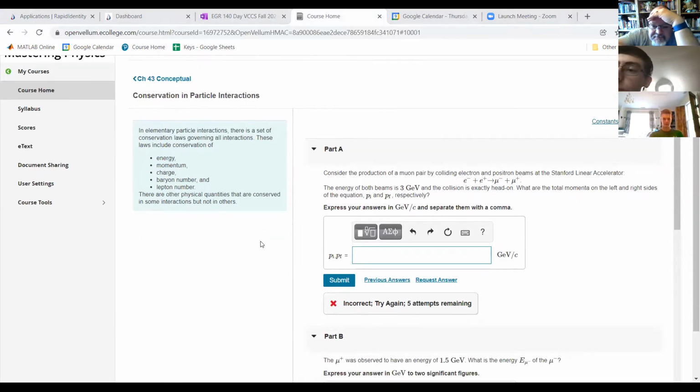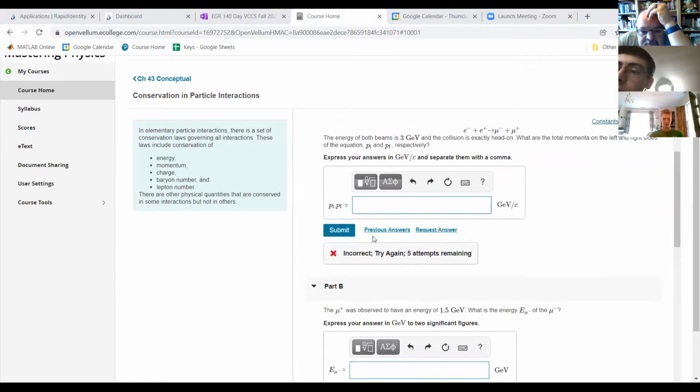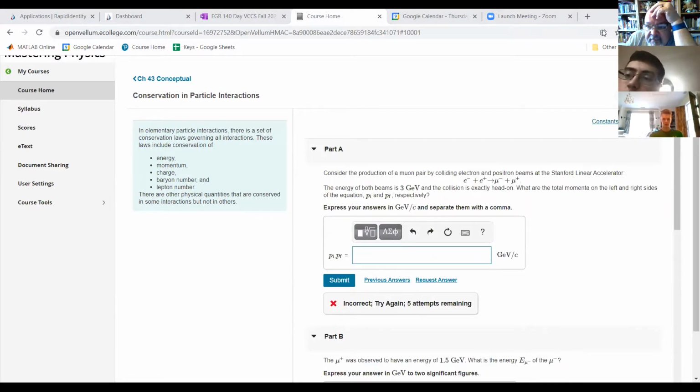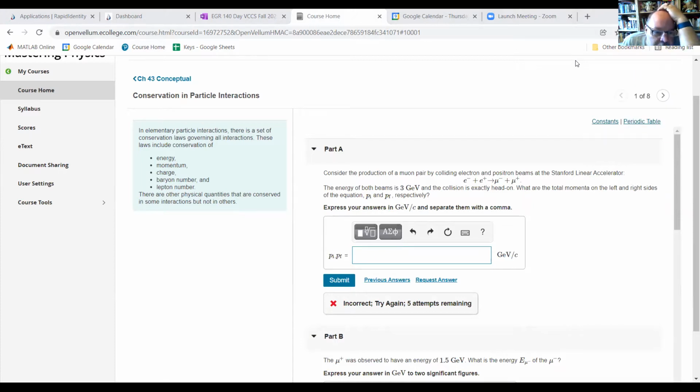The first one is on chapter 43 conceptual. I have everything else in the conceptual except for these first two parts. Let me read the blue part first. It says in elementary particle interactions, there is a set of conservation laws governing all interactions. These laws include conservation of energy, momentum, charge, baryon number, and lepton number.